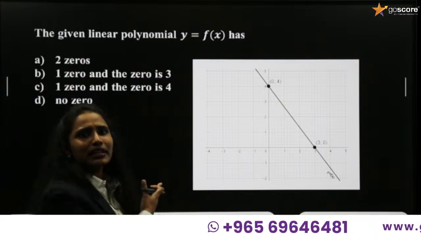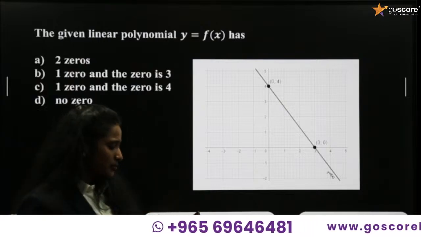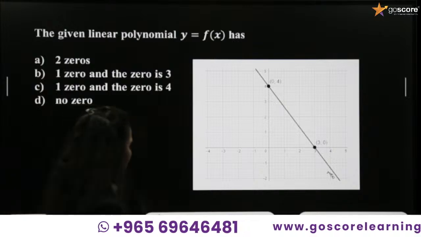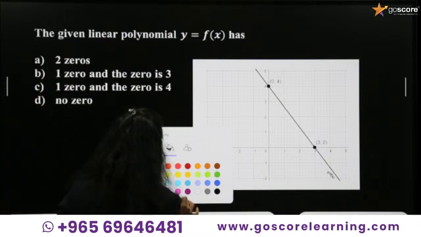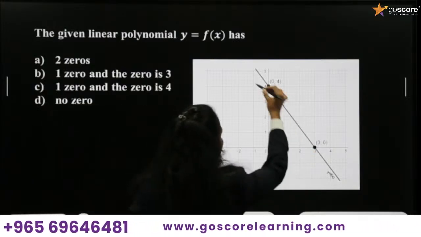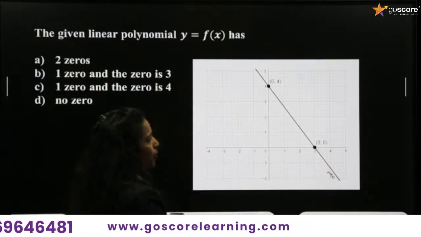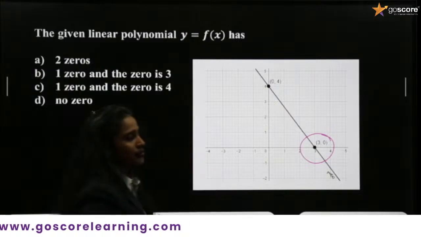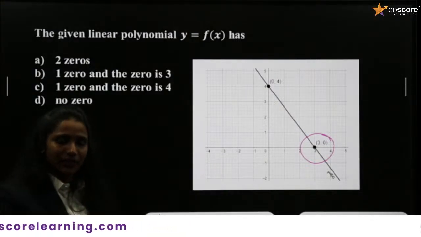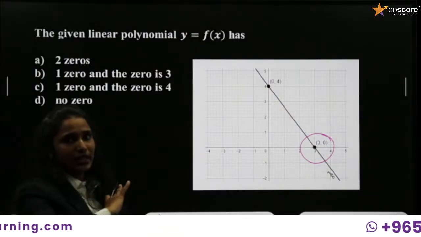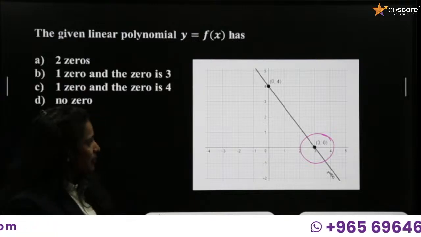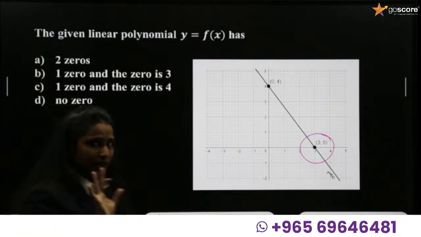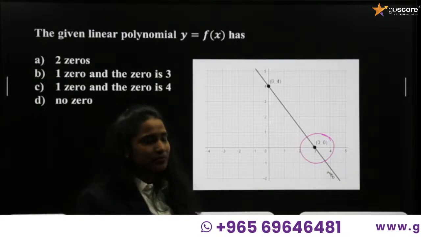Yeah, I explained it. Simply, the graph of this polynomial is intersecting the x-axis here. Don't go for the y-axis. Wherever they intersect the y-axis doesn't matter.